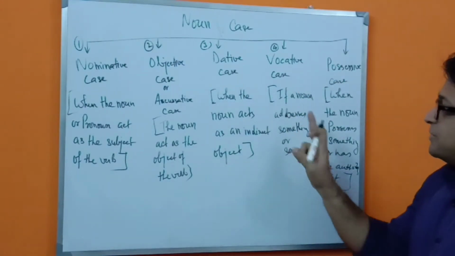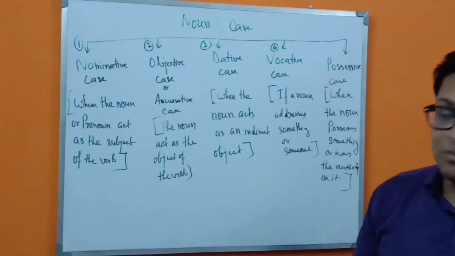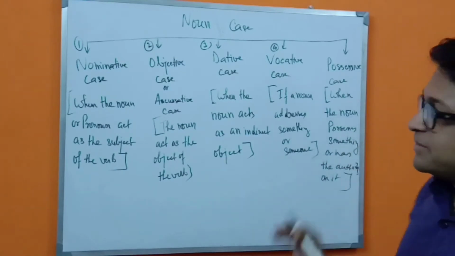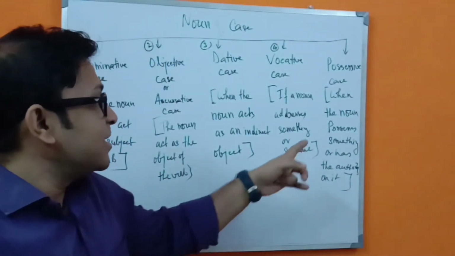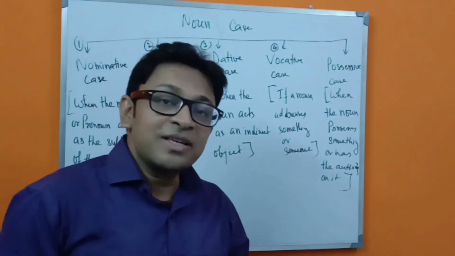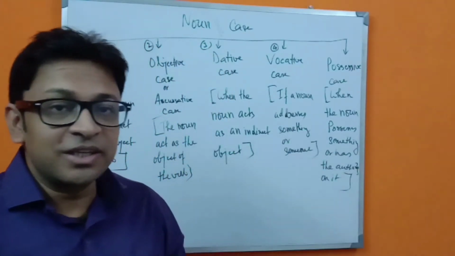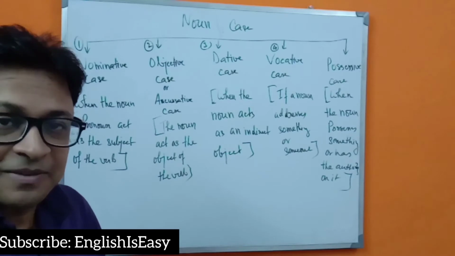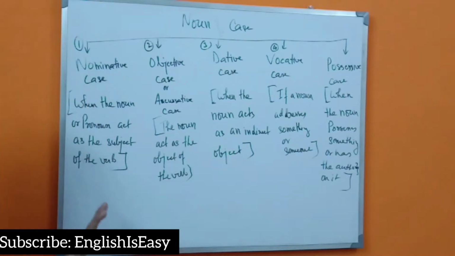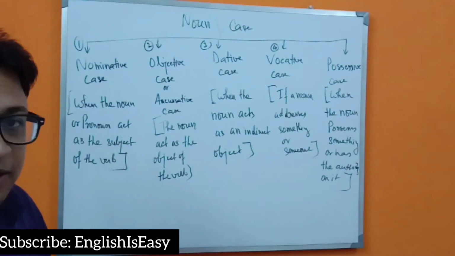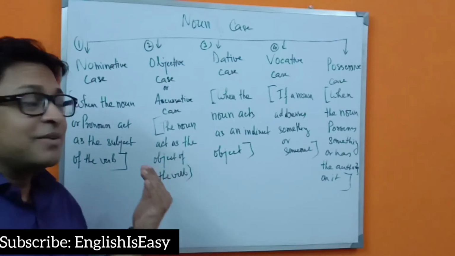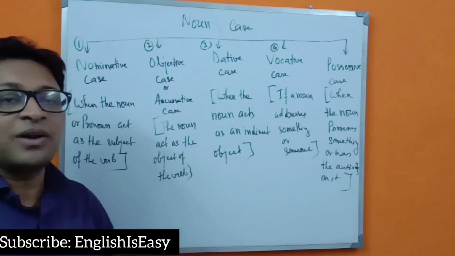Vocative case, if a noun addresses something or someone. Possessive case, when the noun possesses something, or has the authority on it, or something like that. Now, this is the basic definition of the five different cases of noun.